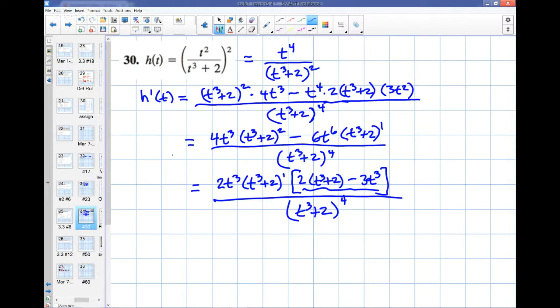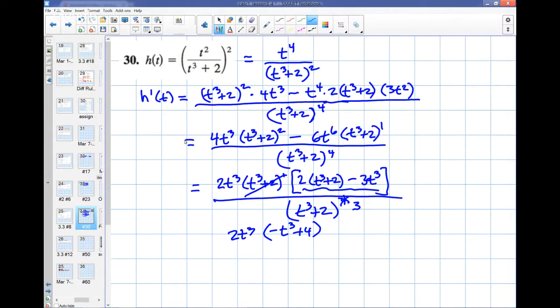So after we cancel this with one of these, on the top we wind up with t cubed times negative t cubed plus 4.